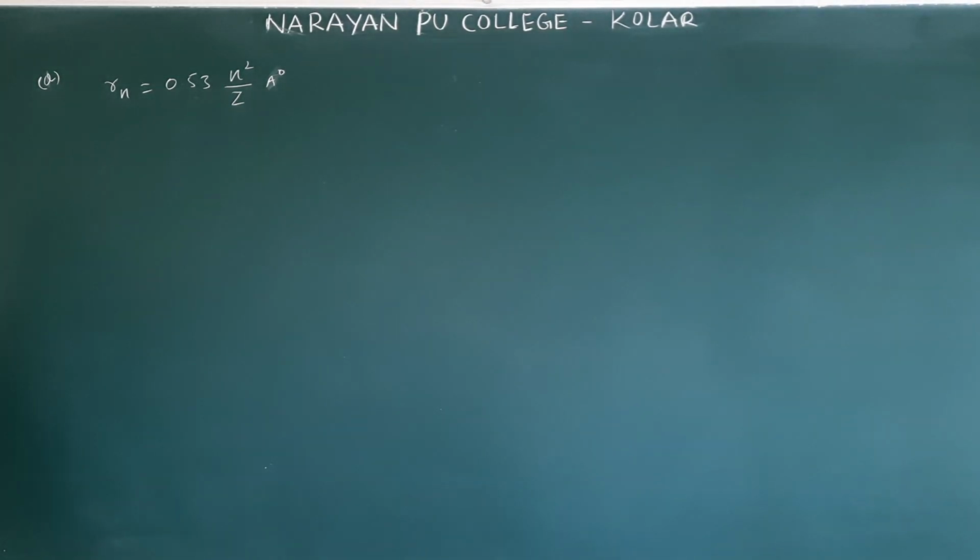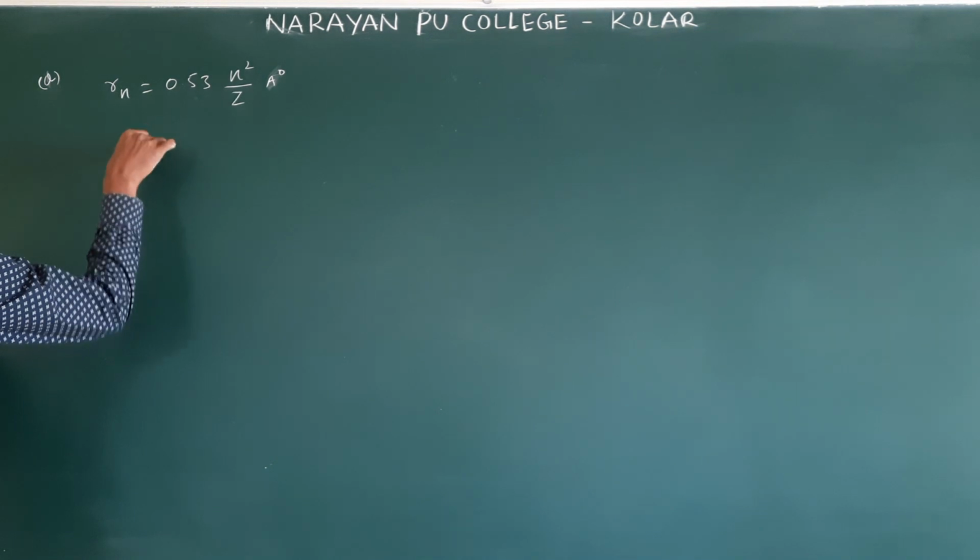What is the Rn formula? Rn is equal to 0.53 n square by Z angstroms, or 0.53 into 10 power minus 10. They are asking for ground state. Ground state means n is equal to 1.